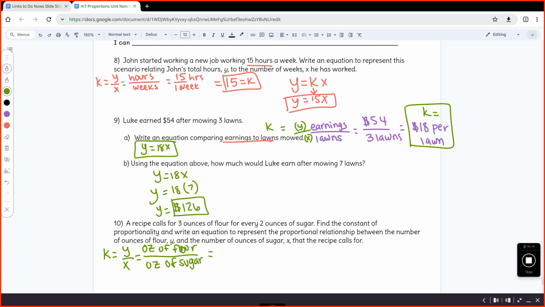All right, so we are given 3 ounces of flour, so that's going at the top, 2 ounces of sugar, that's going at the bottom. So our K is 1.5 when you divide it out. And it's 1.5 ounces of flour per ounce of sugar.